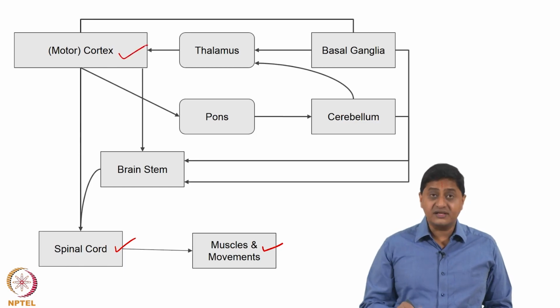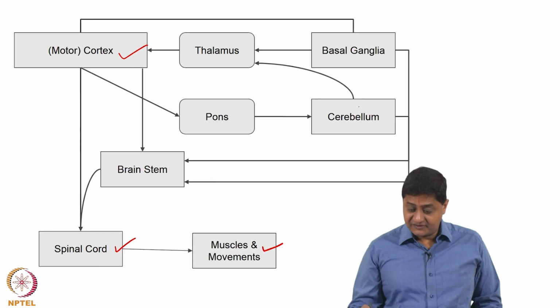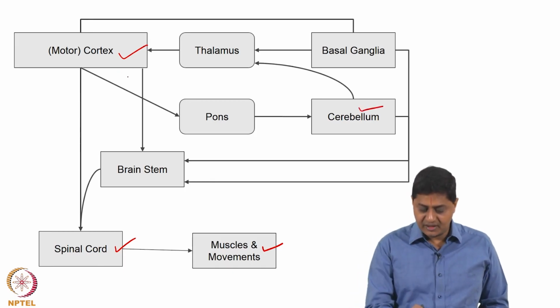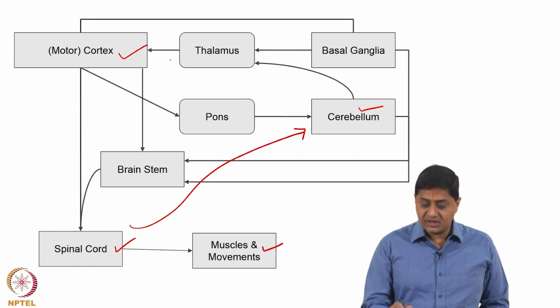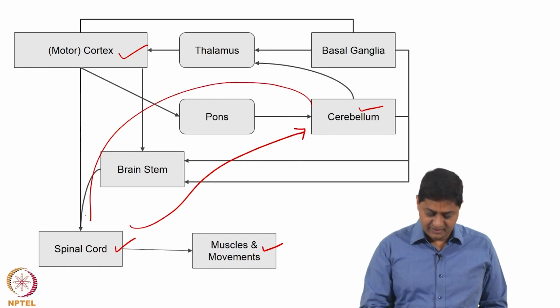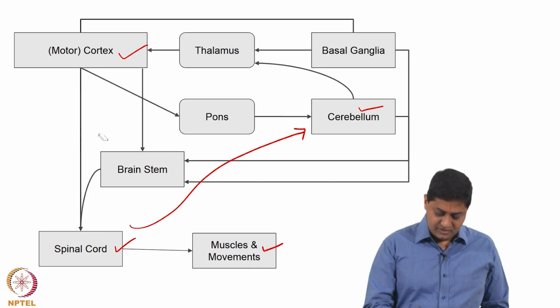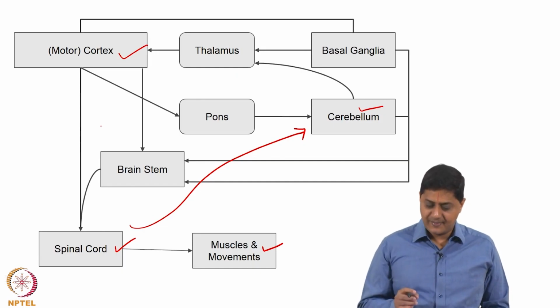We have discussed the motor cortex and its role in regulating the input to the spinal cord, and we have discussed the role of the cerebellum, which receives input from the cortex and from the spinal cord, and outputs to the motor cortex via the thalamus. Note that the cerebellum does not output to the spinal cord. So, essentially the cerebellum modulates the movements.